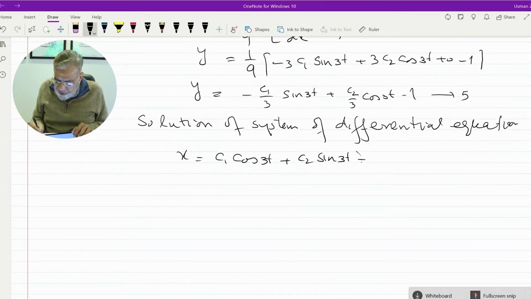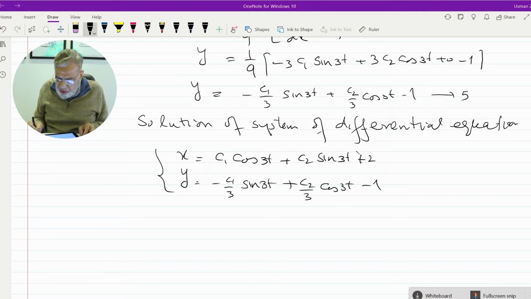That's equation number 4. And number 5 is y is equal to minus c1 over 3 sine 3t plus c2 over 3 cosine 3t minus 1 over 9. So this is my solution of the system of equations.